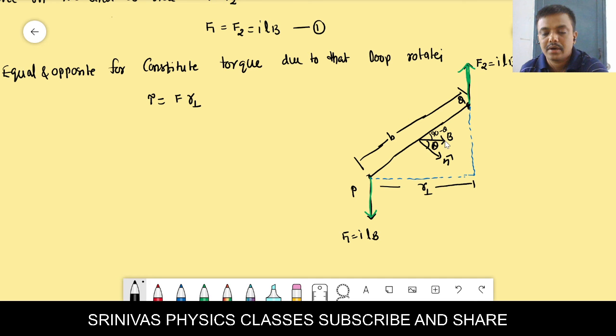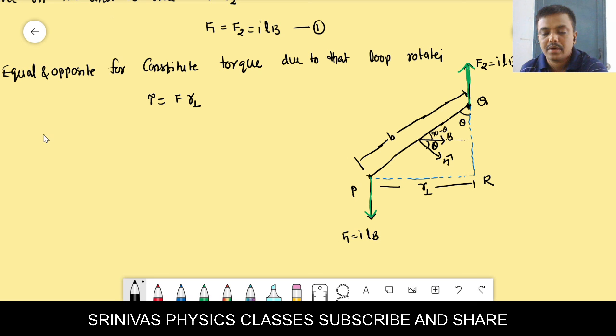You can make the triangle here by extension. This is 90 minus theta, this is 90, and from the figure this you will get as theta. This is P, this point we can consider as Q, and this we can consider as R.